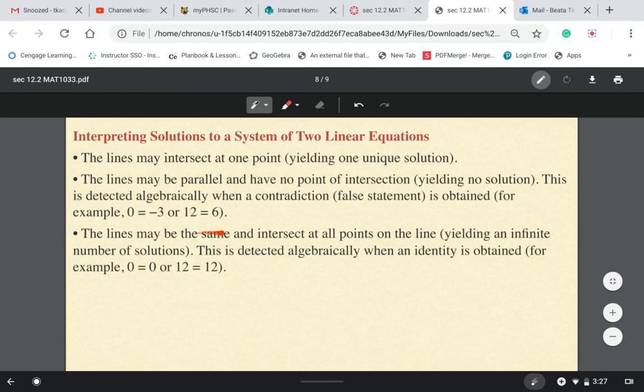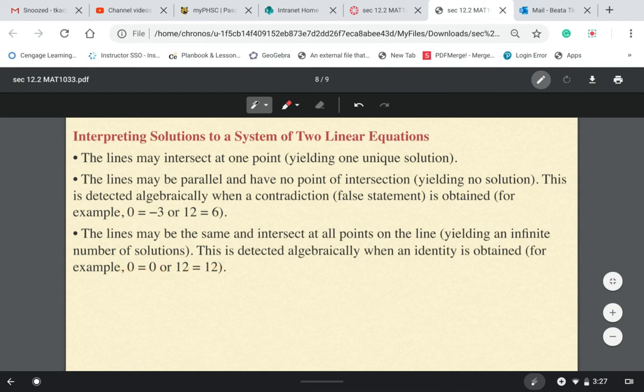The lines may also be the same and intersect at all points on the line, which means we have infinitely many solutions. And how are you going to know that you have infinitely many solutions? You're going to do your algebra. You will try to solve for one of the variables using substitution, and you will end up with something that is always true.